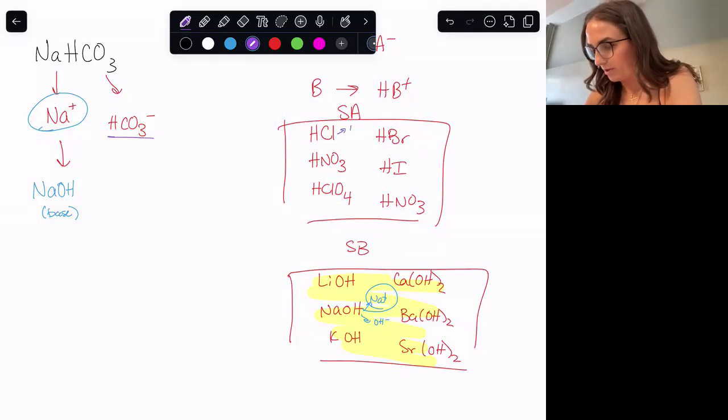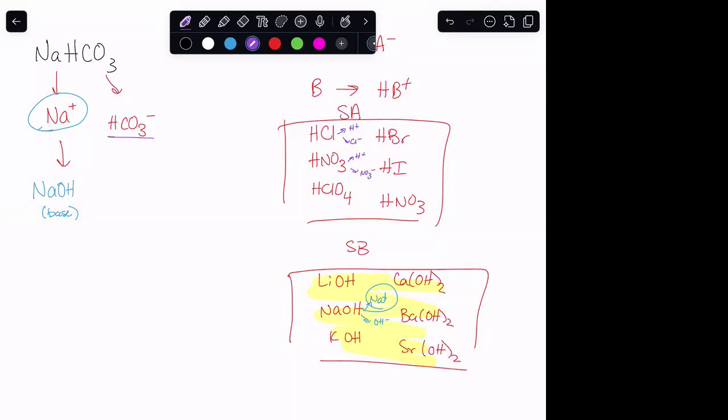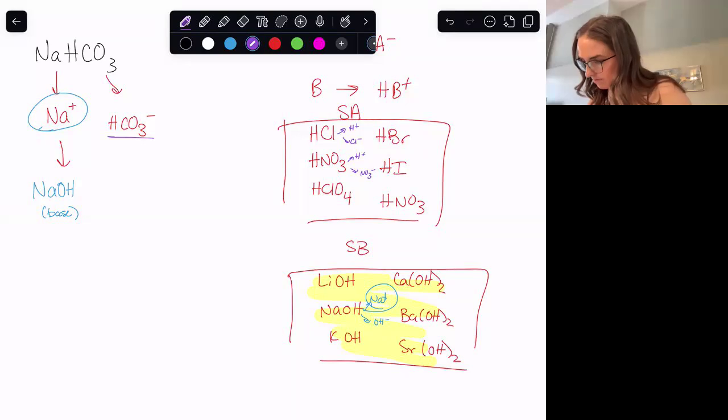If we split this apart, this is H plus and Cl minus. This is H plus and NO3 minus. Do we see HCO3 minus in any of our 6 strong acids? No, wait, is HNO3 repeated? Oops, it is.